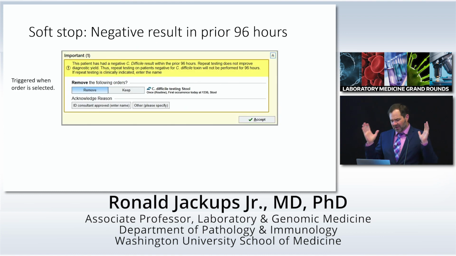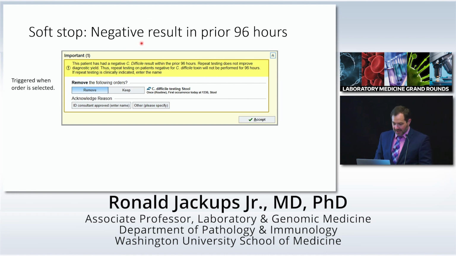So what does this mean? A soft stop is a pop-up alert, but it's something that you can ignore. Maybe you have to click on something, but you can ignore it if needed. A hard stop is something that gets in your way that you cannot move forward with, and I'll show hard stops in just a second. But this is one of our soft stops.